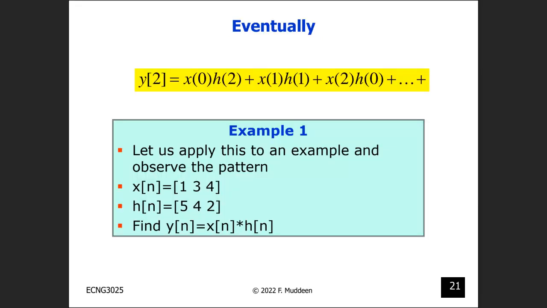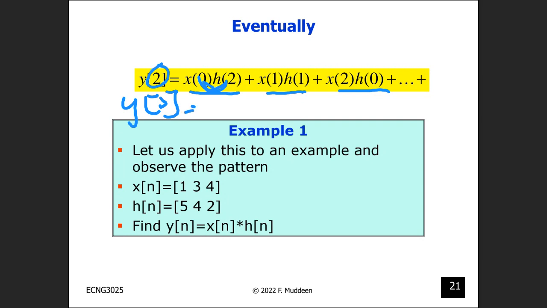And if you expand that, you get that y[2] is x[0] h[2], x[1] h[1], x[2] h[0]. Notice a little thing here to help you out if you want to expand. So for instance, y[3]. Notice these two indices have to add up to this.